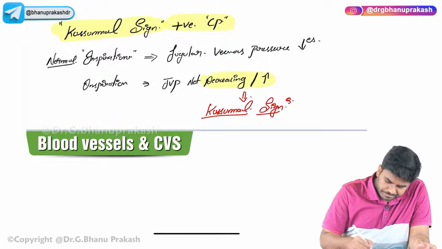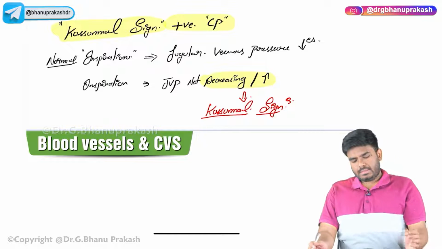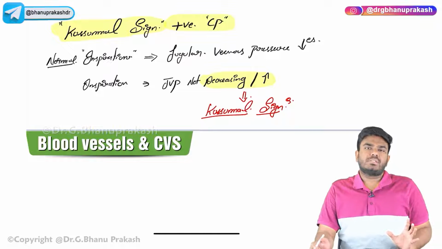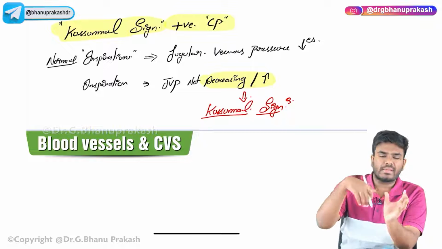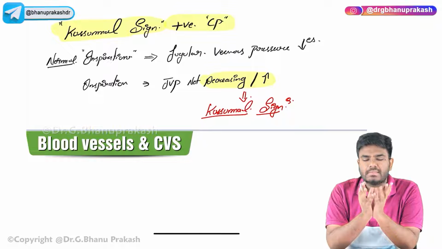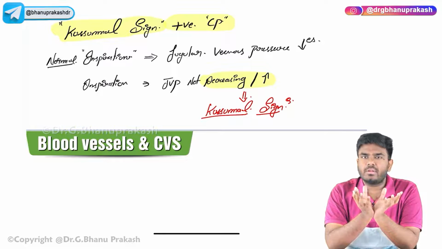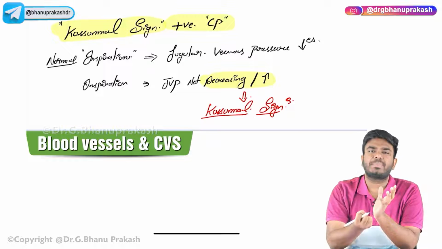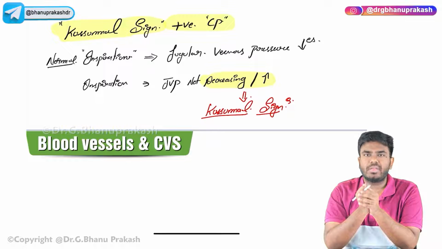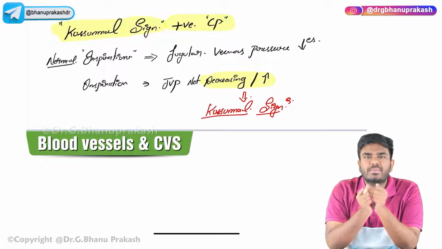If you ask me why it is not falling, try to understand, it's very logical. The heart is surrounded, the right ventricle for example, is surrounded by the calcified pericardium. So do you think it will relax properly? No, it will not relax. It will not accept the venous return. Even the right atrium will not accept the venous return.